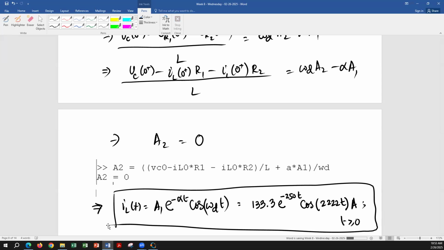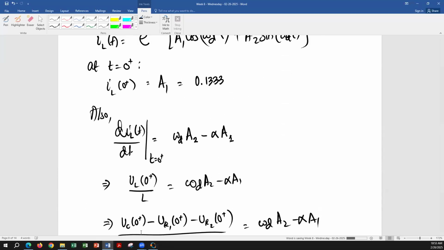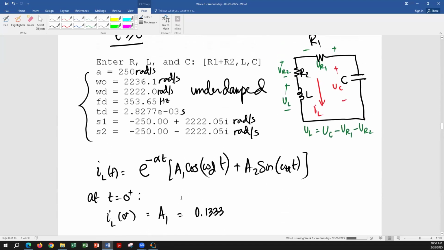Can you see the circuit? Getting 0? Good.